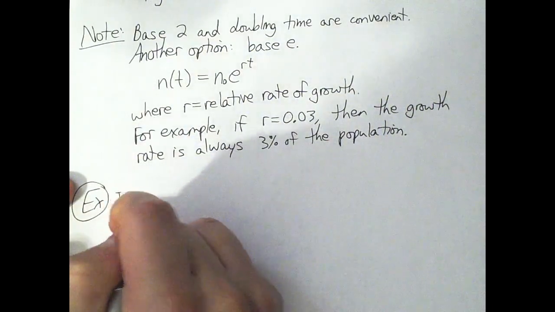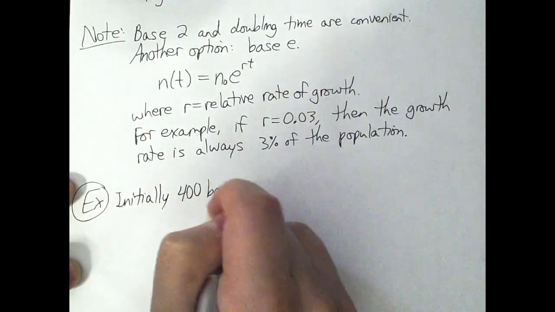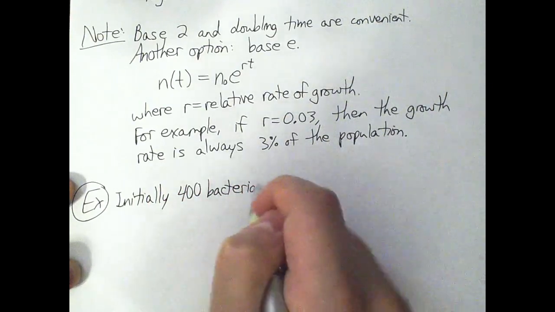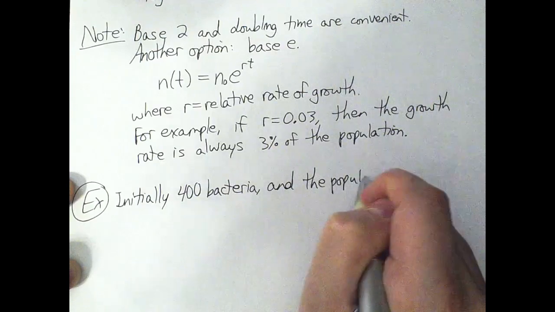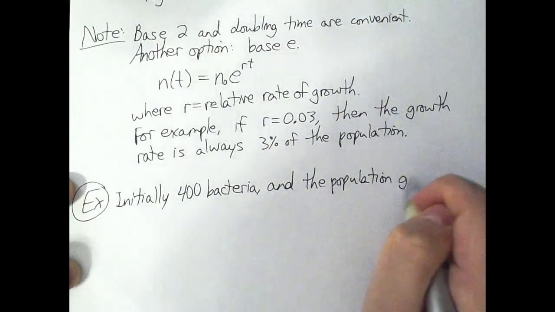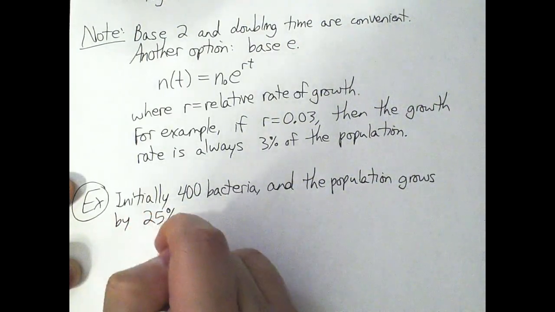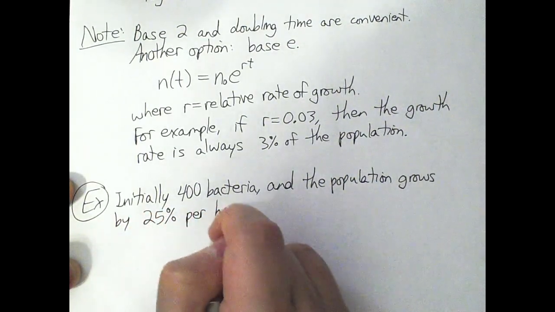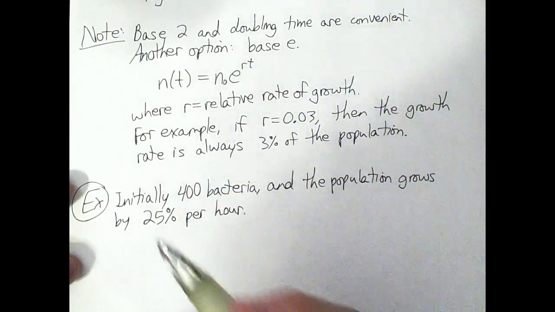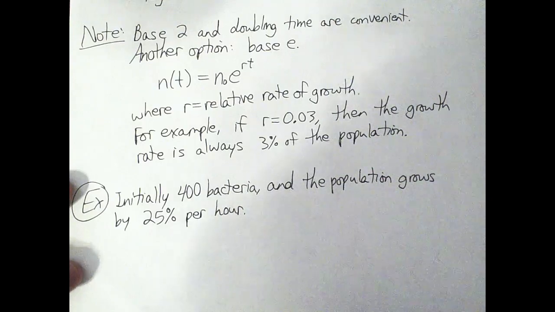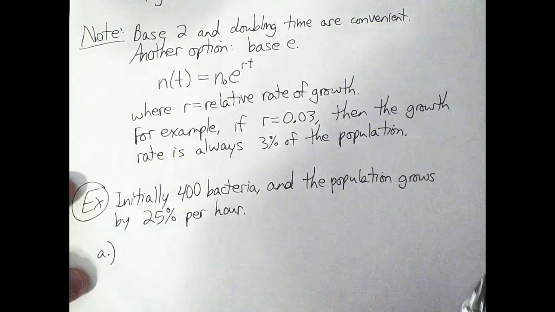Let's say that there are initially 400 bacteria, and the population grows by 25% per hour. Just in my head, I could figure out what the population would be after 1 hour, but we could use the formula to answer more complicated questions.